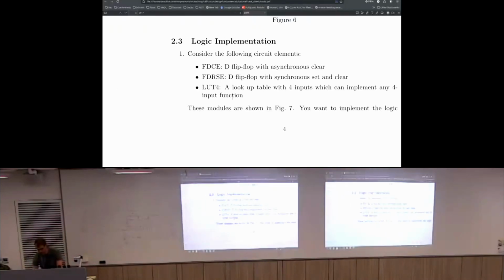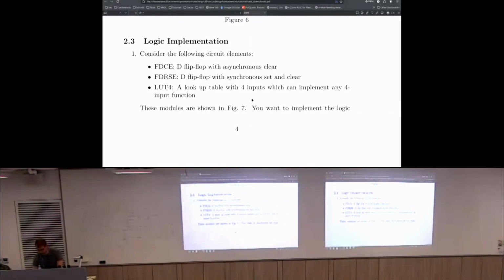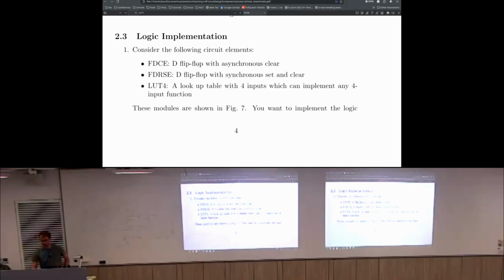And this is the task for the logic implementation. So we consider the following circuit elements. We have a D flip-flop with asynchronous clear, which is the FDCE, and we have a D flip-flop with synchronous set and clear, which is the FDRSE.